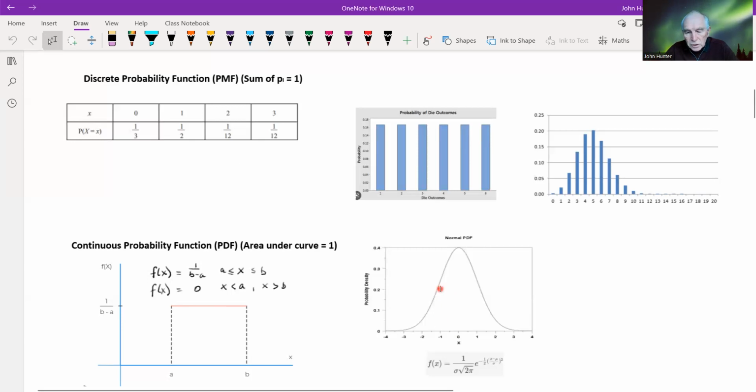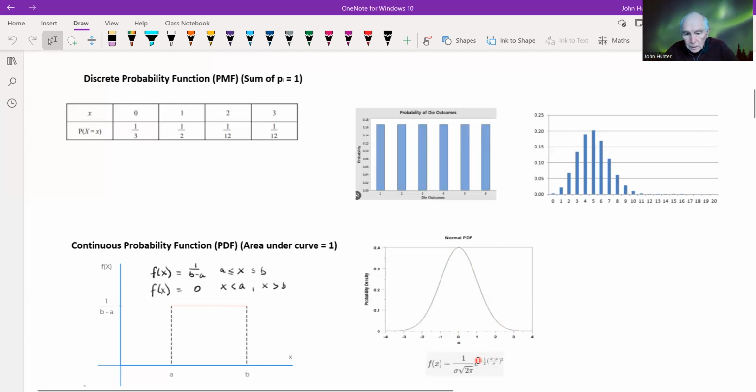Again, we can measure the probability that this random variable falls between -1 and 1 simply by measuring this area like that. Or the probability that it's greater than 2 would be this area in this little tail over to the right.